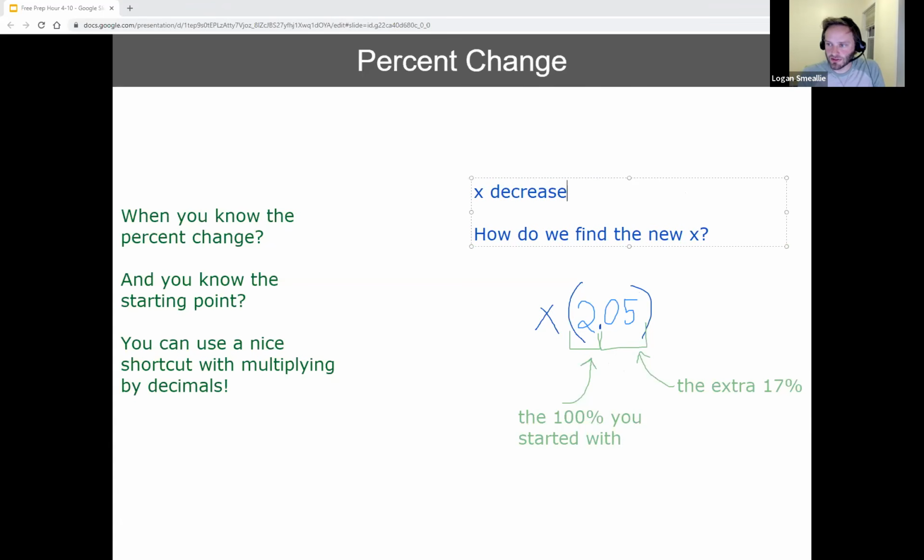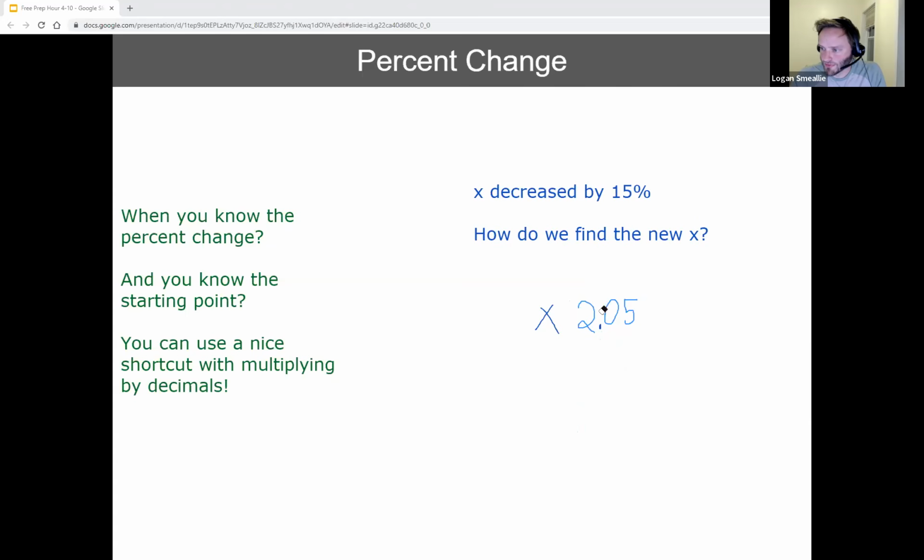X decreased by 10%, or I'll do 15%. How do we find the new X? We're going to need a little bit of a different process here. Well, if you decrease by 15%, what do you have now?